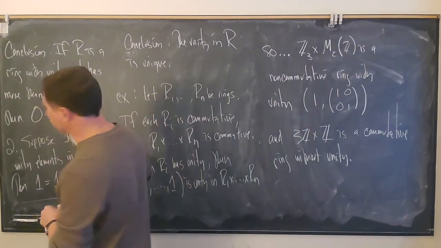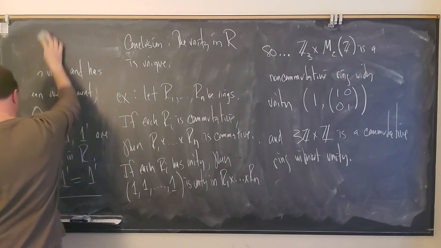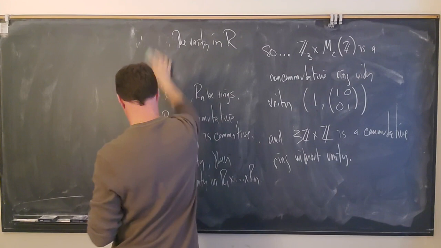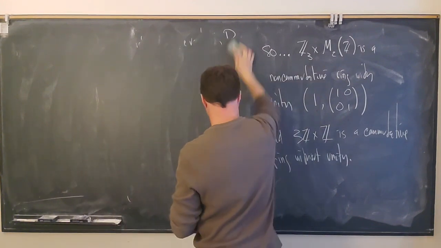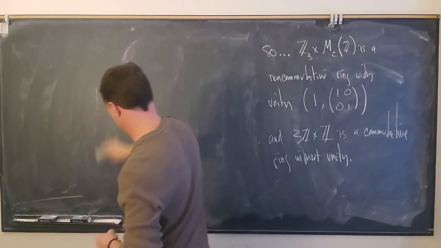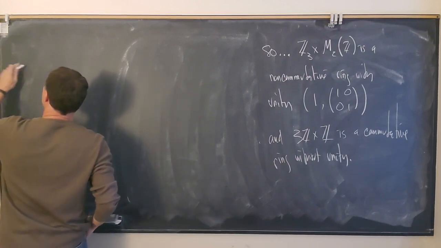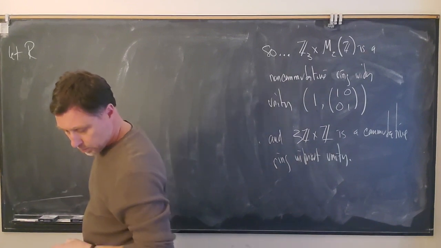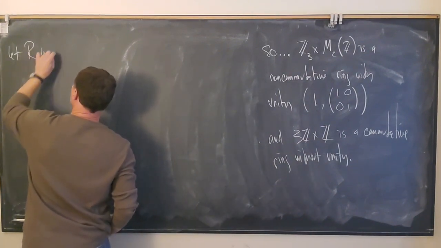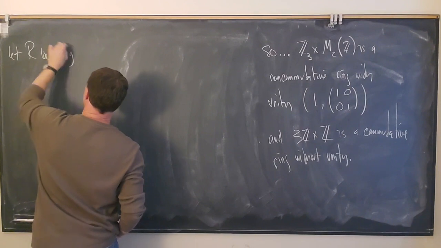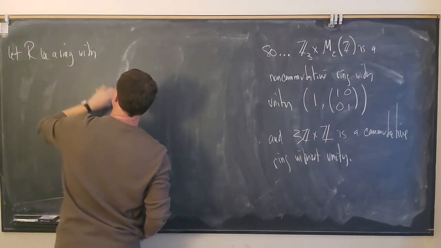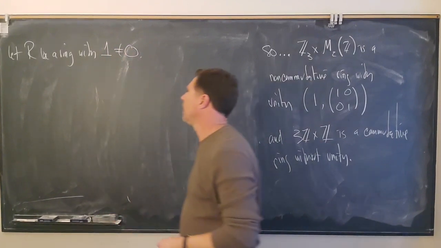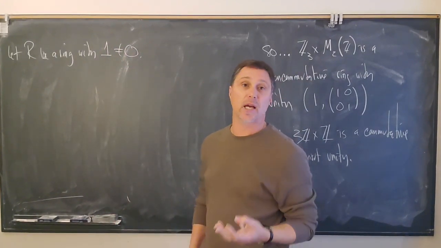Some more terminology here. Let R be a ring with unity, and there are times when we need to insist that we're not talking about the trivial ring.